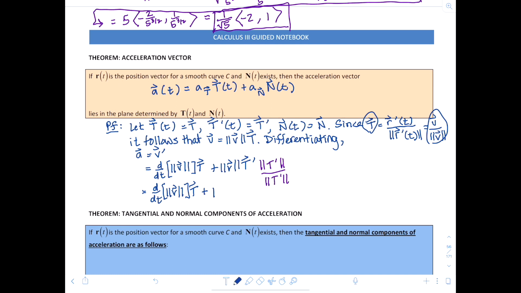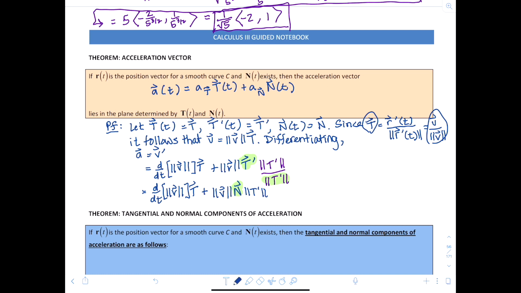So we're going to have the magnitude of v times N times the magnitude of T prime. And we got the N because N is the vector T prime over the magnitude of the vector T prime. Cool so far?